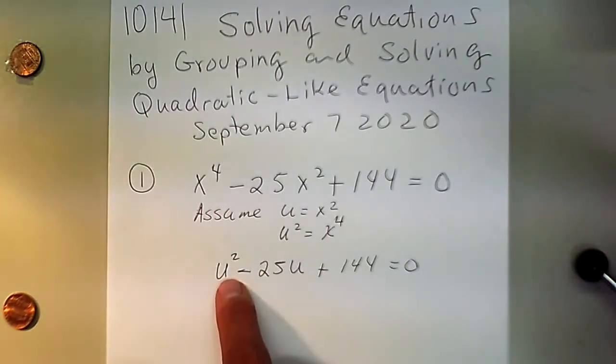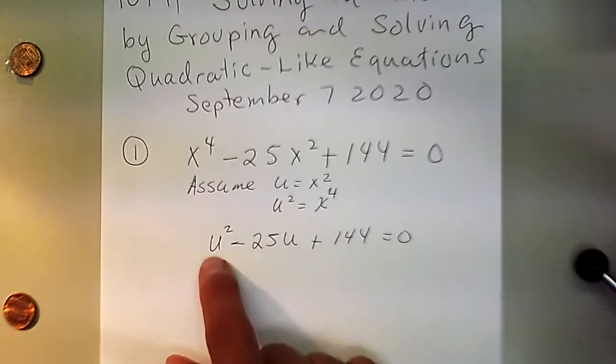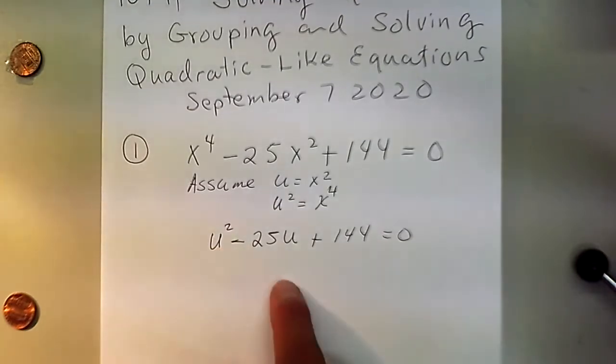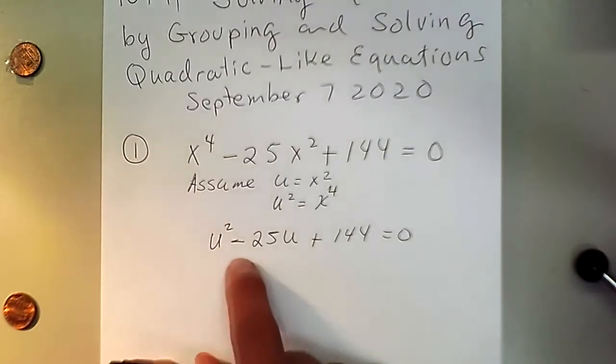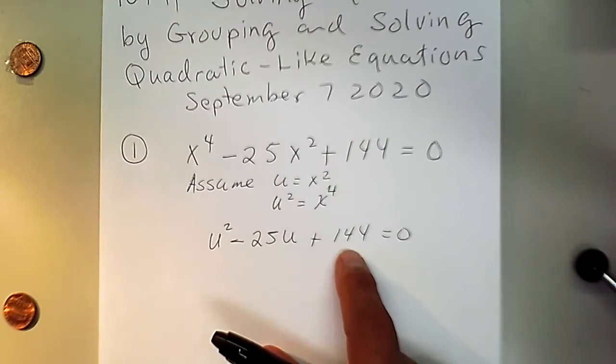Now the variable is not the same, but that's okay. We're going to take care of the variable after we solve this equation. Okay, this equation is doable. It is a quadratic. We definitely know how to solve quadratic equations. Factoring could work, will work, should work, but we don't know.